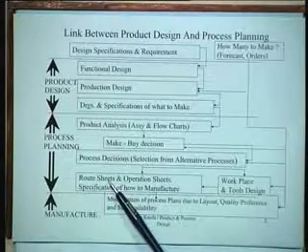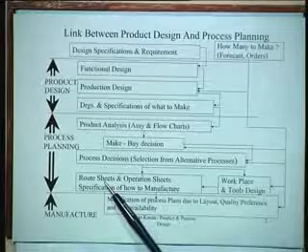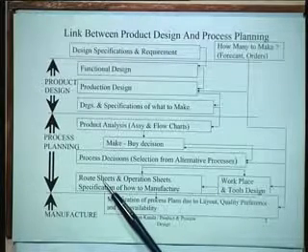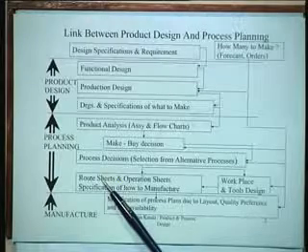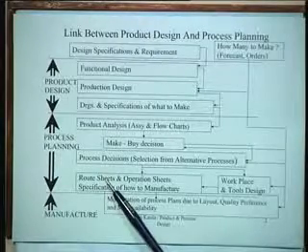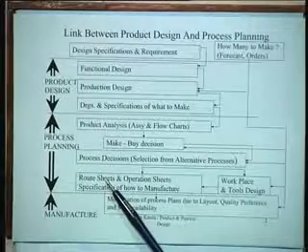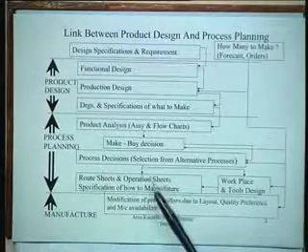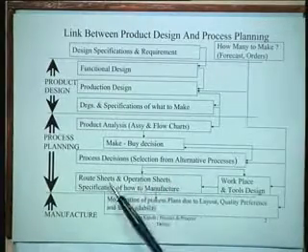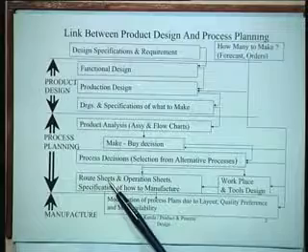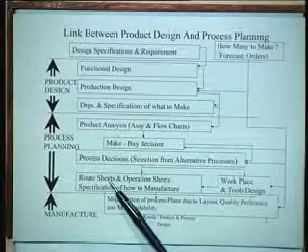A route sheet is a document which specifies the route to be taken by a particular component as it flows through the factory. So it says that it would first go on maybe this machine, it would perform such and such operations. So details of the operations are available in the operation sheets, and the route sheet specifies exactly the route that you have to take. It's very much like an itinerary.